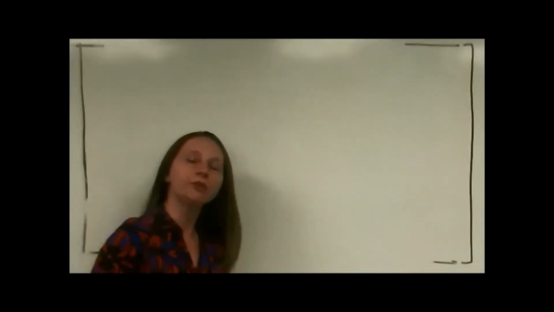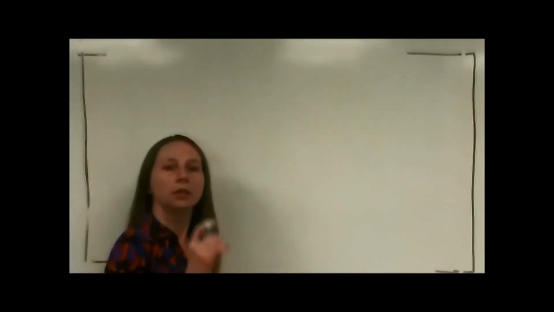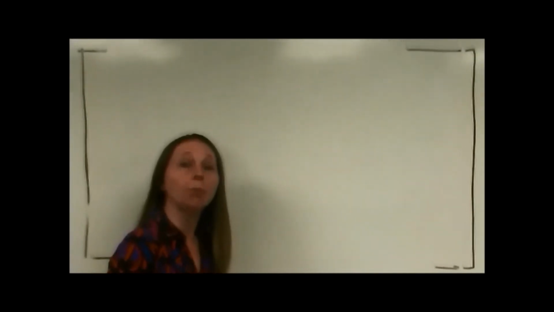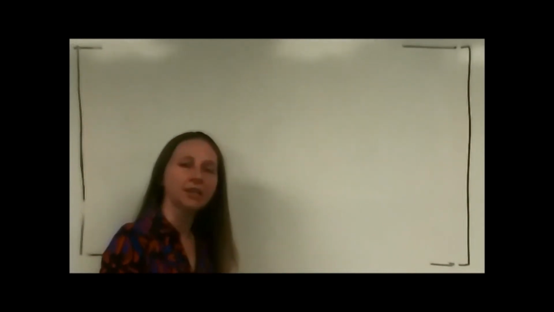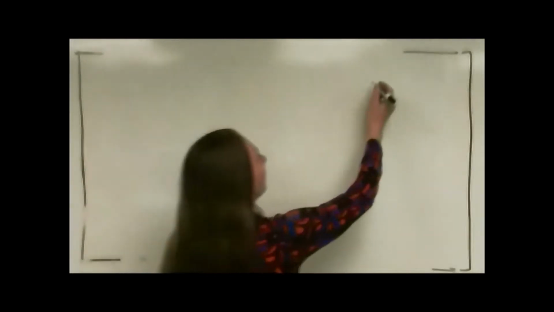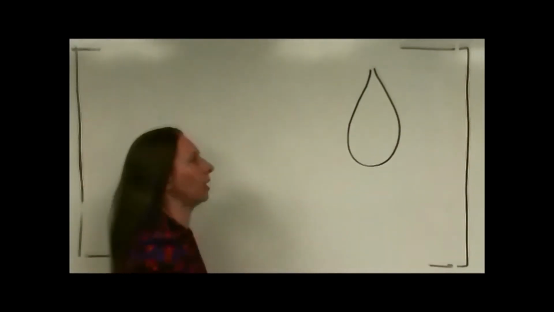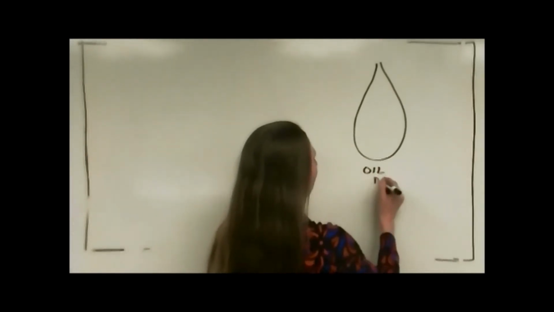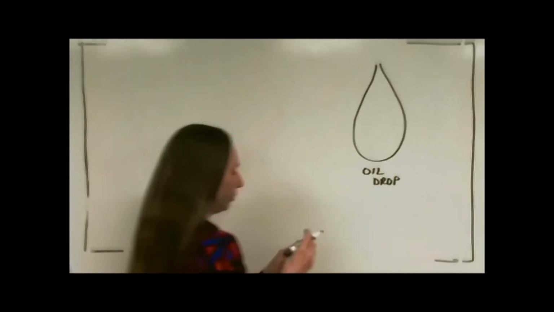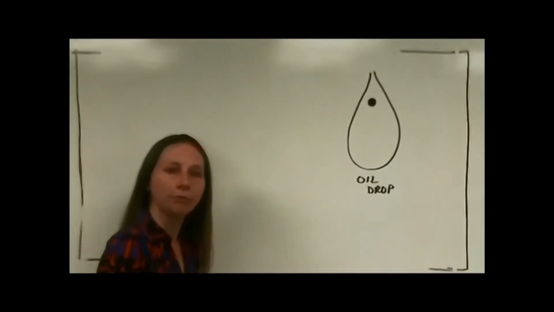Now, what if somebody were to say to you, what excess charges are possible? Is this excess charge possible? Well, I tell you what, let's take a drop of oil. There's a drop of oil, right? And I'm going to put 1 electron on that drop of oil.